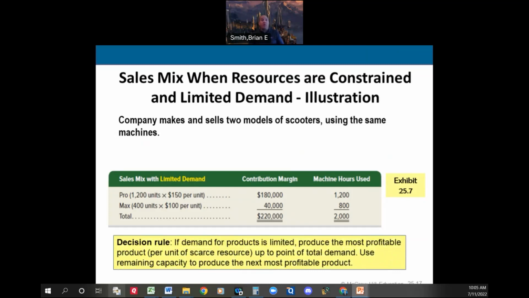Demand is limited: produce the most profitable product up to the point of total demand, and then fill with the remaining capacity. So right now, I think the Xbox Series S or X is the latest and greatest thing.